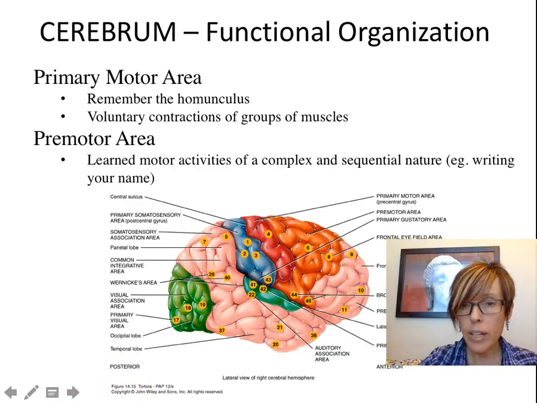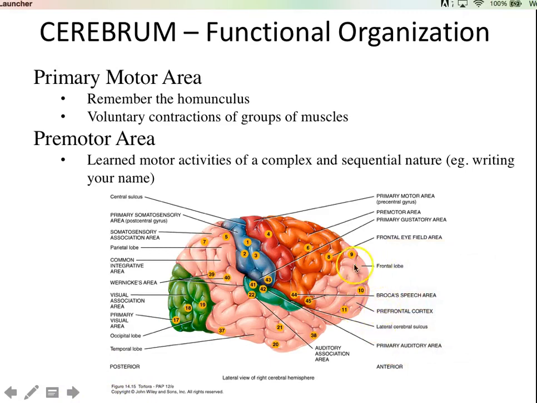The primary motor area, so let's hide you so you can see this a little better, is in red here, and then what's known as the premotor area is sort of its association area, if you will. It's in front of it. So again, we have a homunculus, a little representation of a person. That'll make sense in a lecture or two. And what this allows is voluntary contractions of groups of muscles.